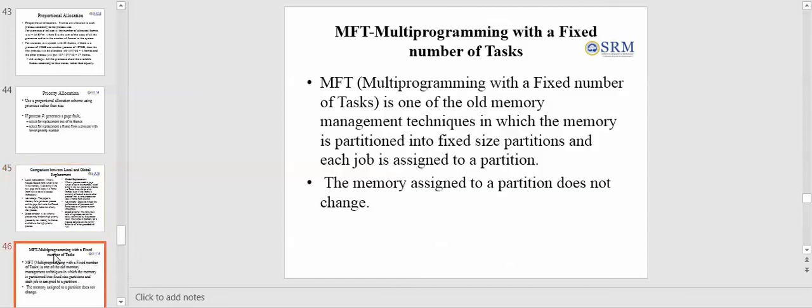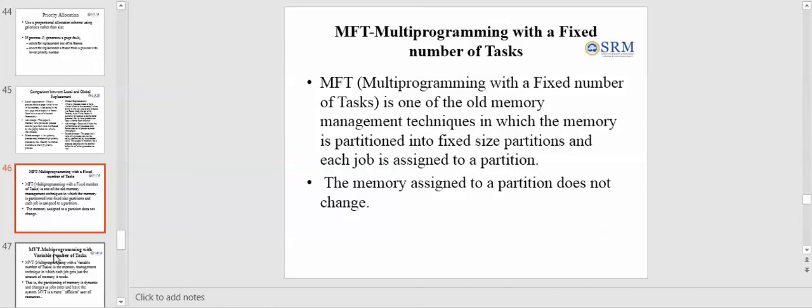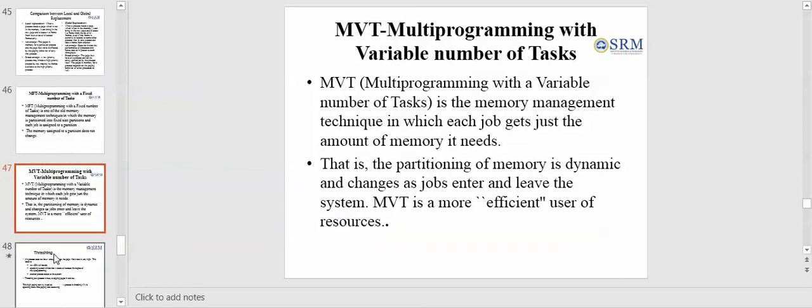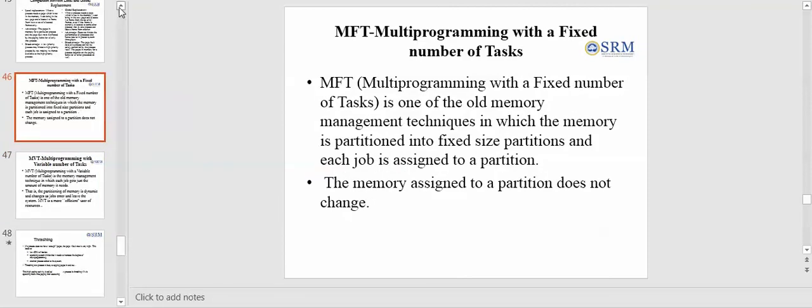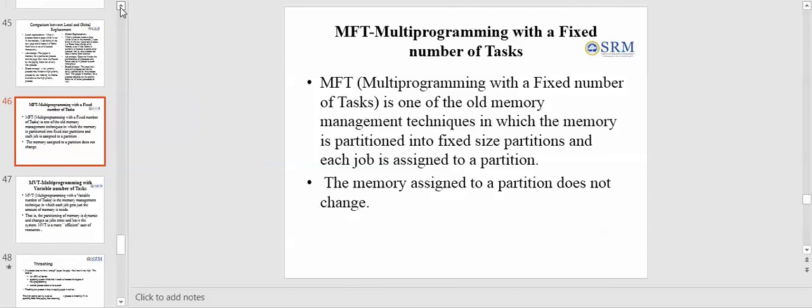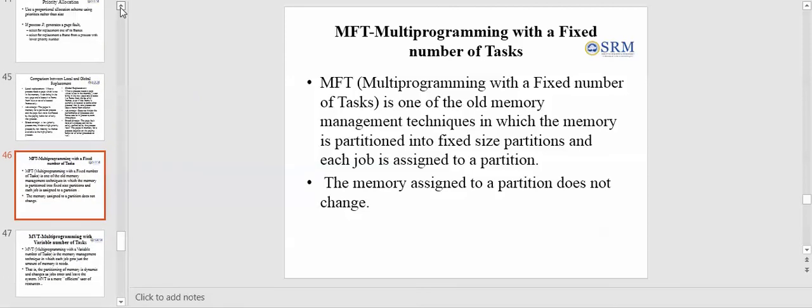Next, MVT and MFT. MFT stands for multiprogramming with a fixed number of tasks, and MVT stands for multiprogramming with a variable number of tasks. So what is MFT? MFT is one of the oldest memory management techniques.